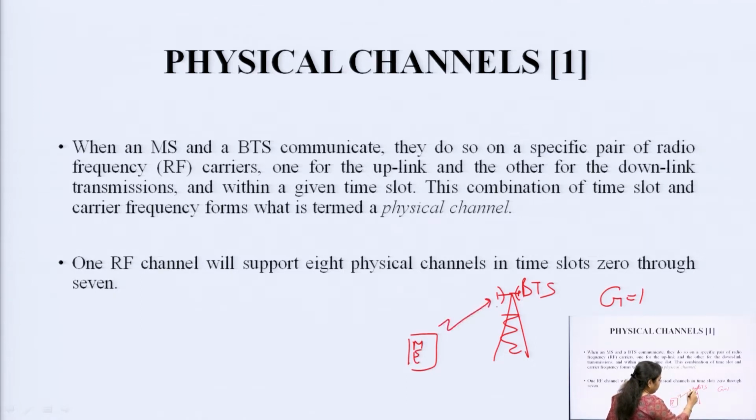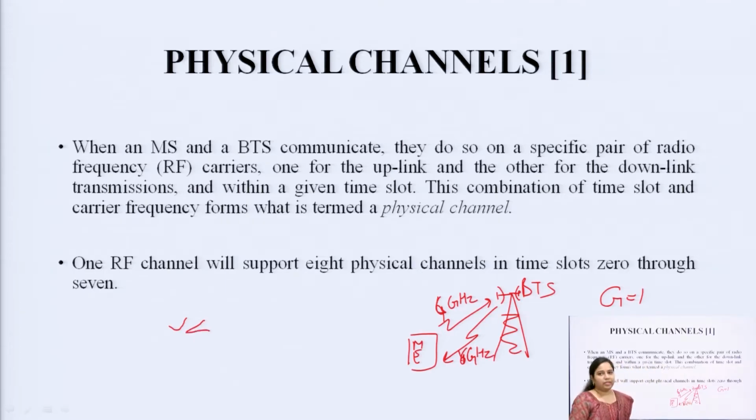So, two sets of frequencies are required. This is known as uplink frequency from mobile phone to BTS, and this is known as downlink frequency from BTS to mobile phone. So, let us say this is 6 gigahertz of frequency and this is 4 gigahertz of frequency, this will be 6 gigahertz of frequency.